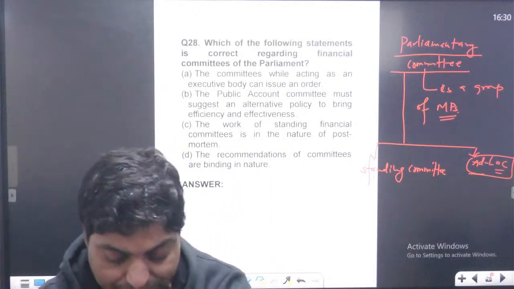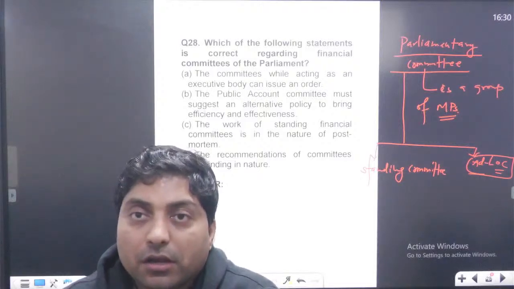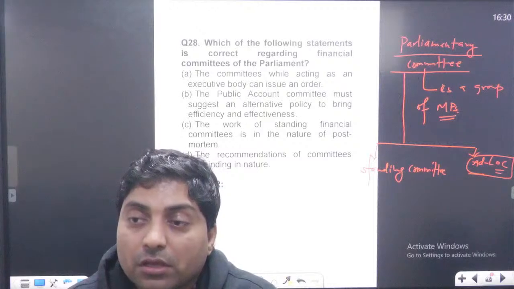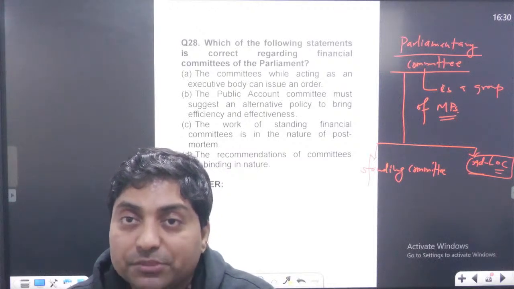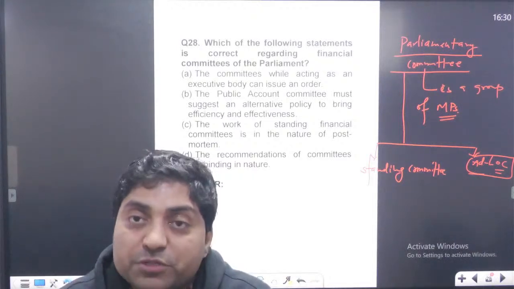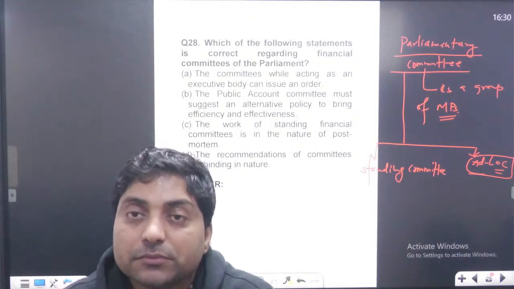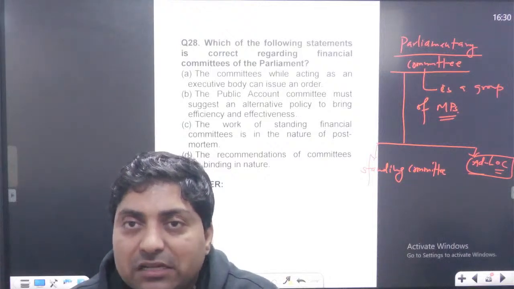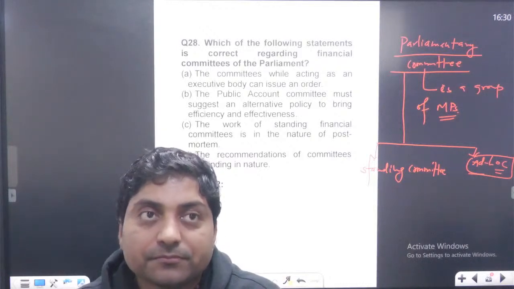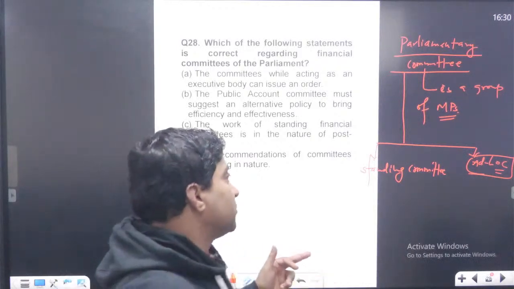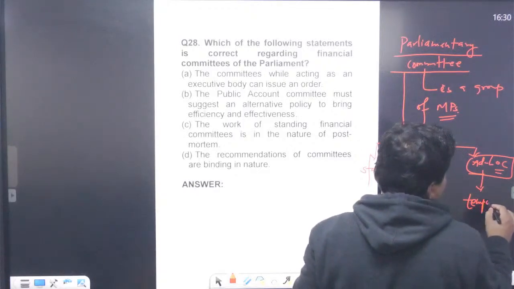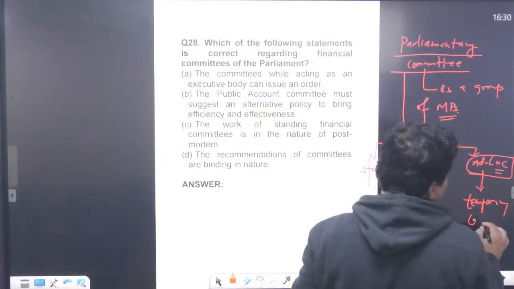Let me give you an example. During COVID-19, Parliament made an ad hoc committee to understand the extraordinary situation posed by the pandemic. When the pandemic was over, the committee was dissolved. So an ad hoc committee is always a temporary committee.